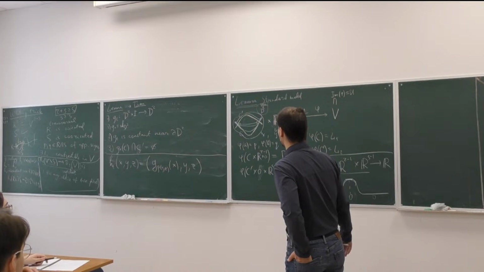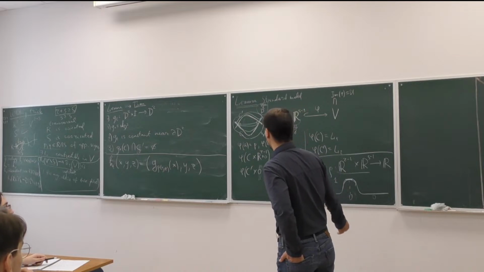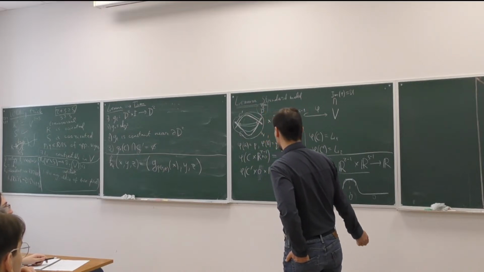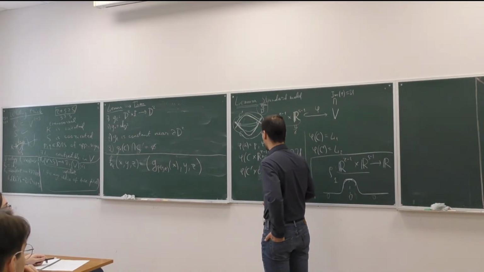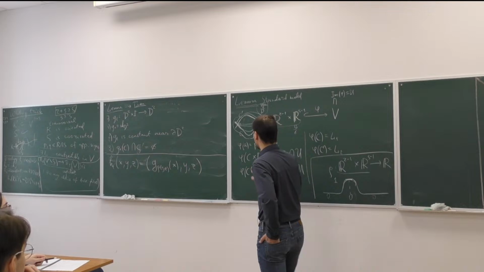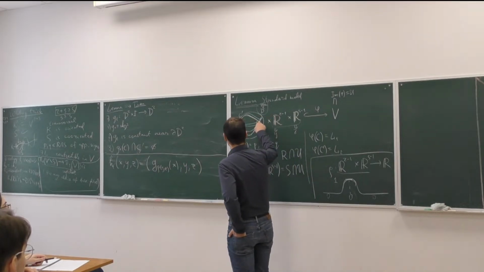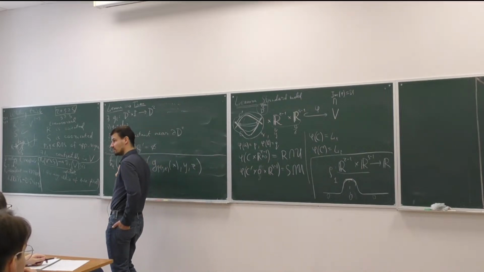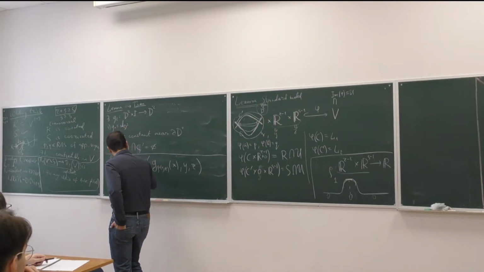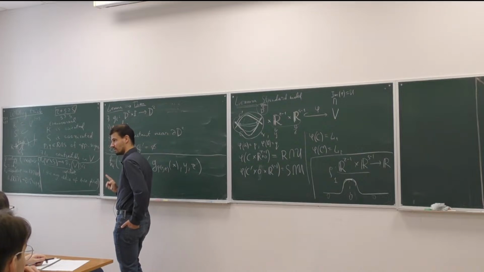And now look what happens with R and S. The matter is that the only intersections of R and S, they have x equal to 0. Oh, so sorry, they have y and z equal to 0.